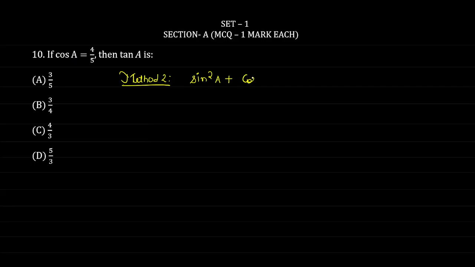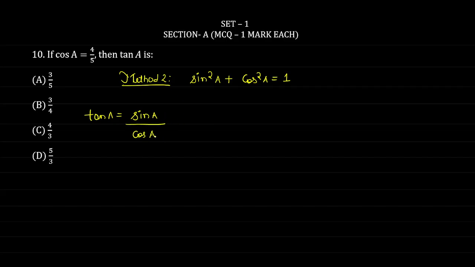That is the trigonometric identity we know. Cos is given to me and I can calculate the value of sine from here. I need the value of tangent of A, so I know the relation that tangent of A is sine A divided by cos A, right?